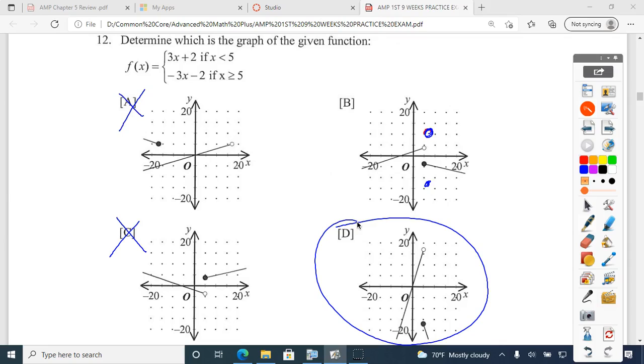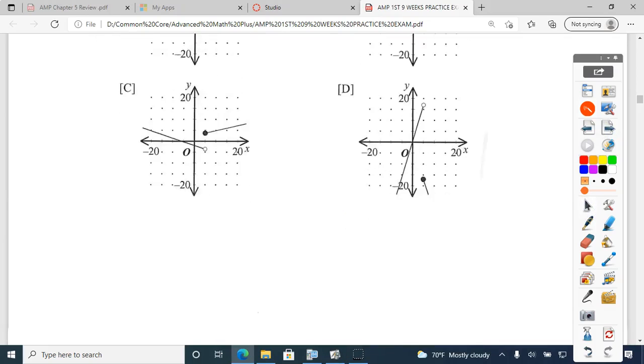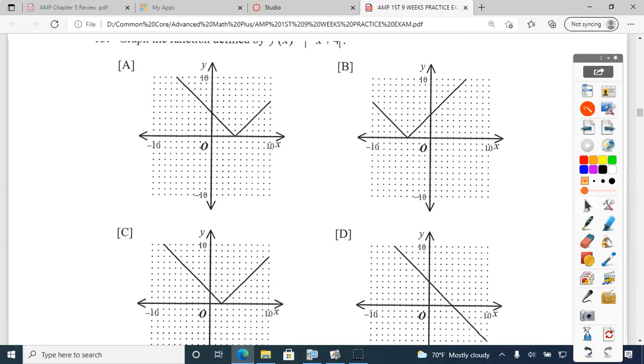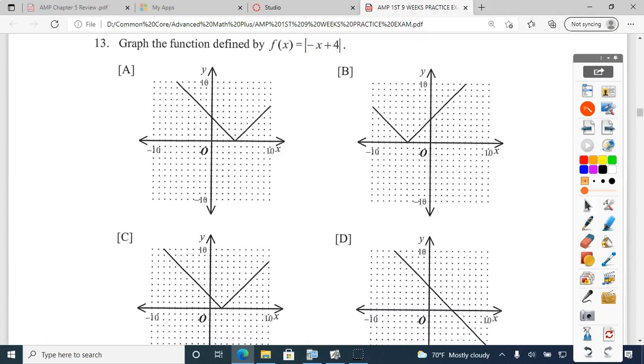All right. Number 13. Graph the function defined by f of x equals the absolute value of negative x plus 4.